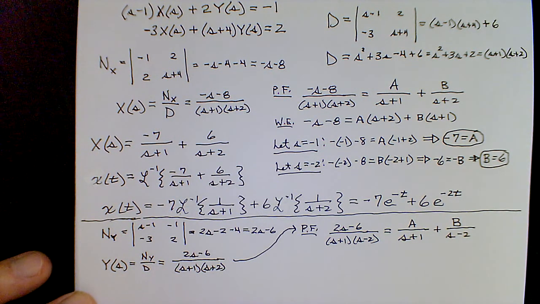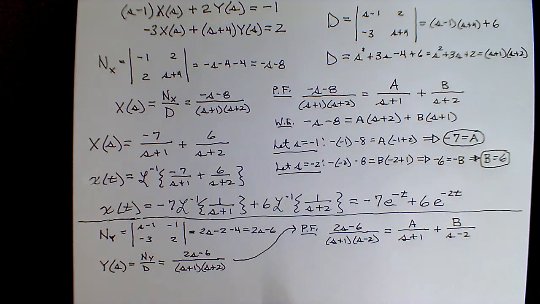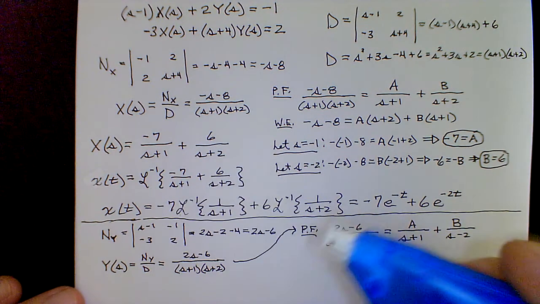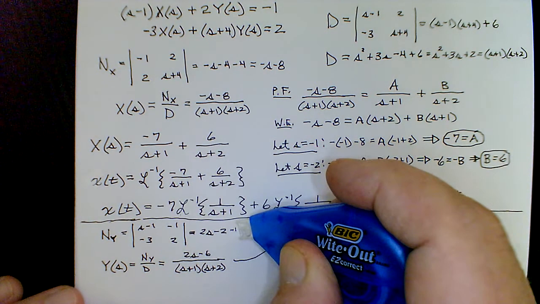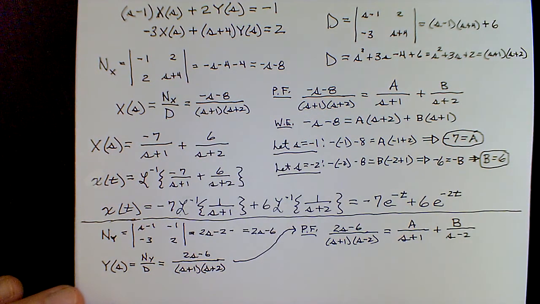Okay, I just noticed a mistake. 3 times 1 is 3, so that would be minus 3. Here, I'll color code it.